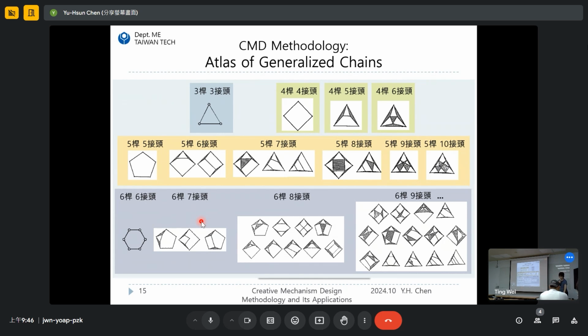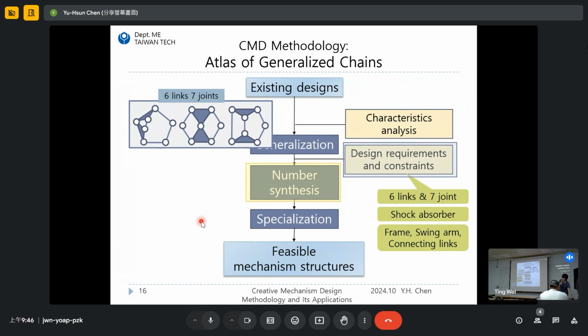Once we find, for example, a mechanism with 6 links and 7 joints, there are only 3 atlases of the generalized chain, and then we can develop our new mechanism based on these generalized chains. So let's move on. Number synthesis is a method for generating all of the atlases.